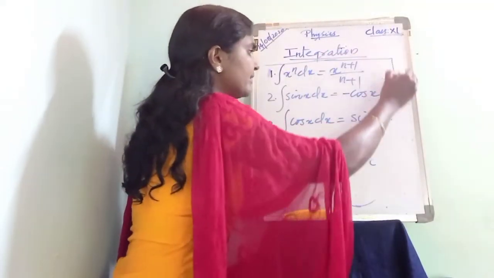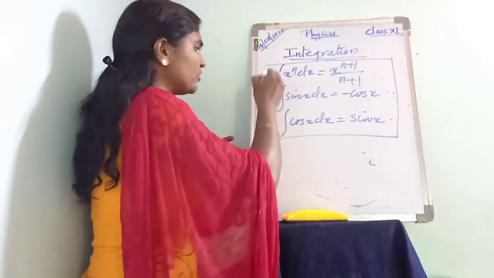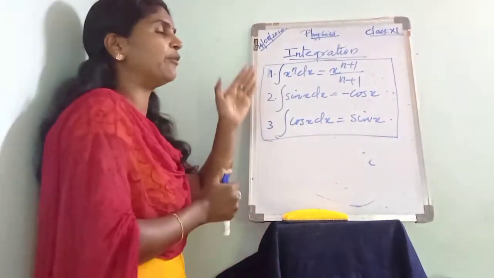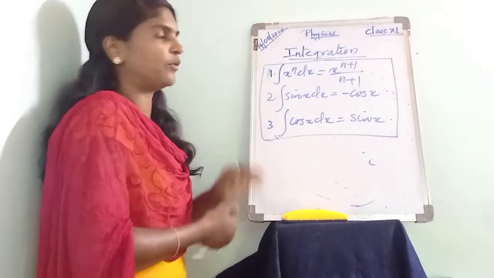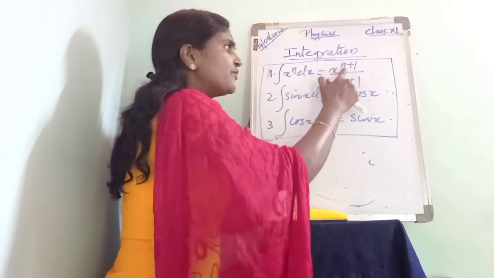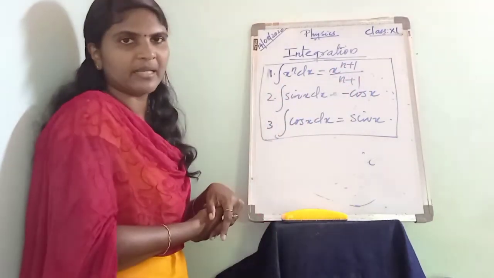Do all of you have all these formulas in your notes? These are the basic formulas that we use in integration. First, integral x raised to n dx equals x raised to n plus 1 divided by n plus 1.